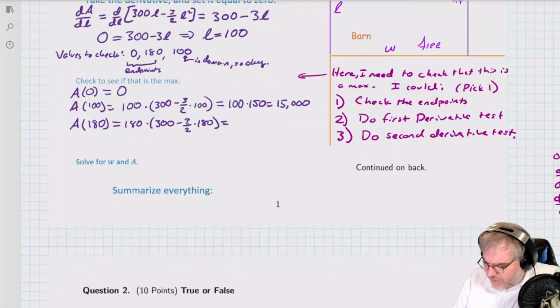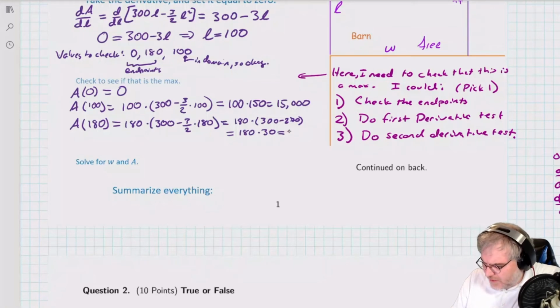So I'm going to wind up with 180 times 300 minus 270, which equals, do a little math here, 180 times 30. And somebody check my math here, because it is perfectly possible that I'm making a stupid mistake.